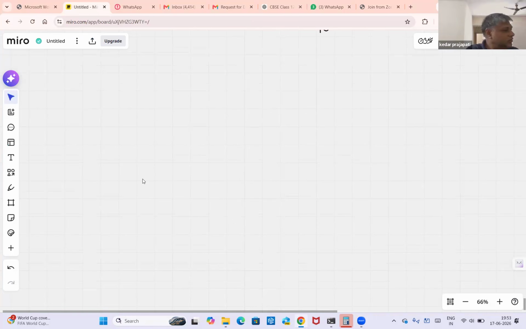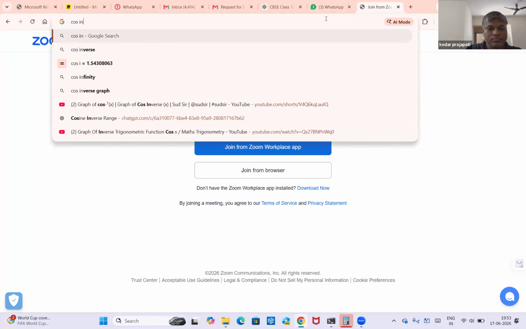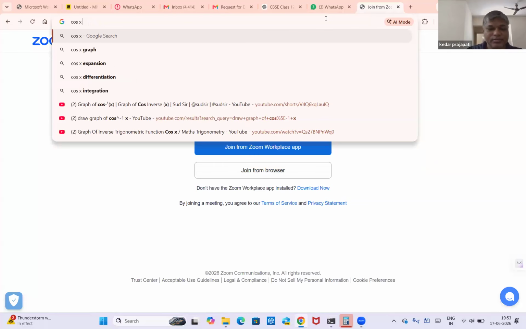Okay. So let us draw the graph of cos inverse. What I will do, I will take the graph of cos x and convert it. So that will be easier.